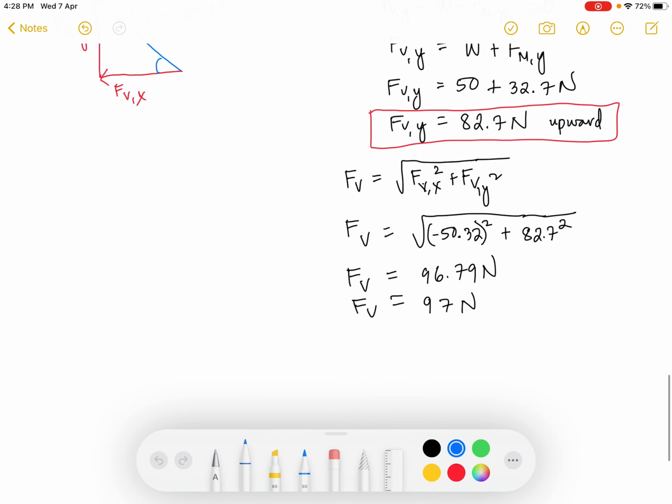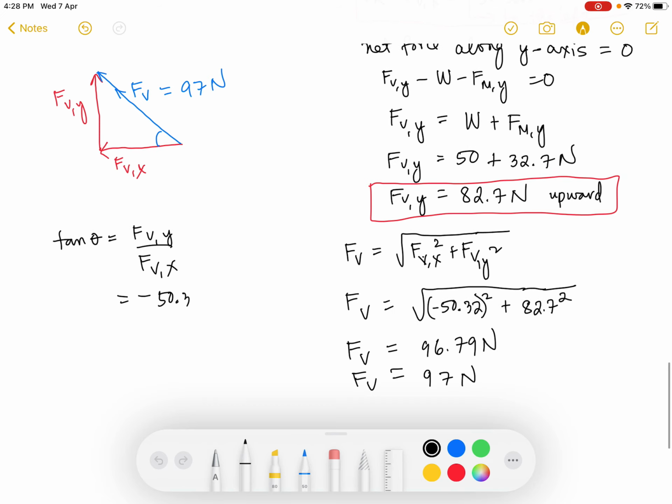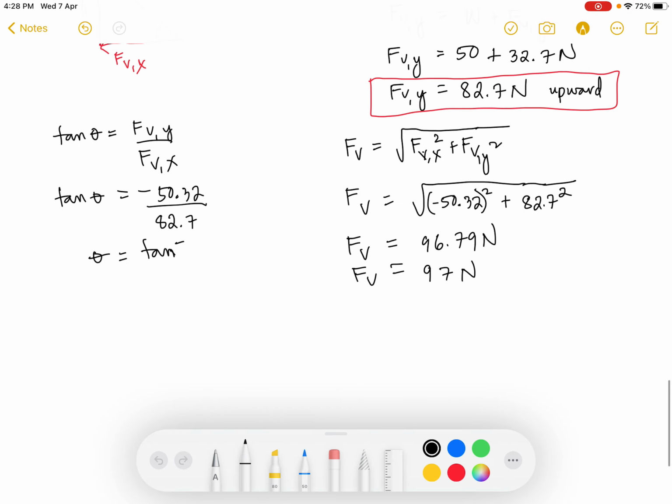Now for the angle, we do tan theta is FVY divided by FVX. Okay. So you go negative 50.32 divided by 82.7 for tangent theta. Right. Theta will be the arctangent of 50.32 divided by 82.7.